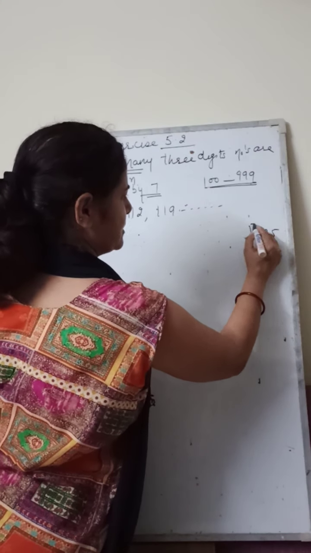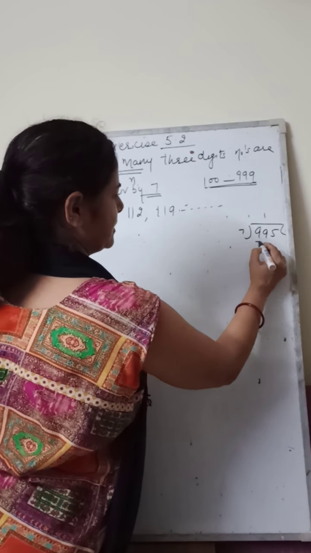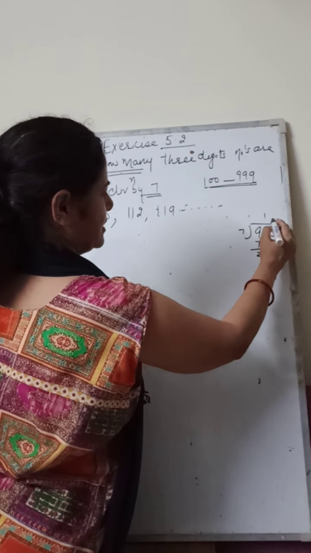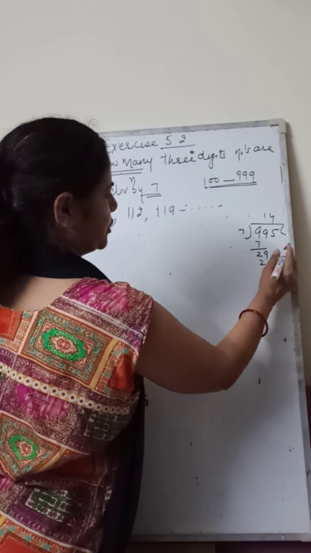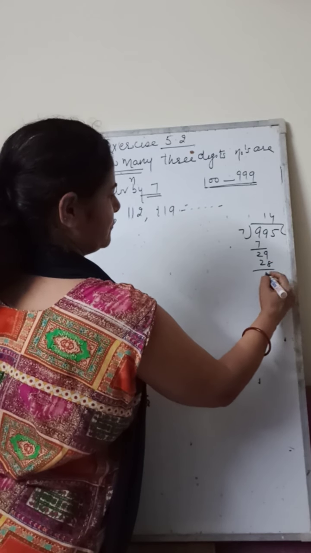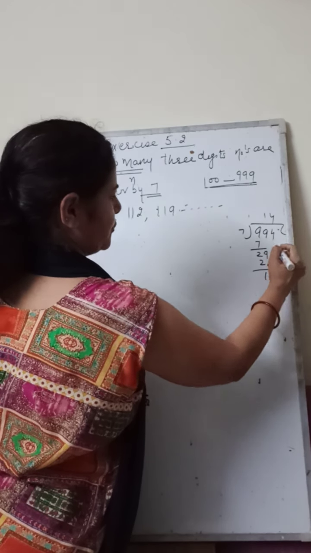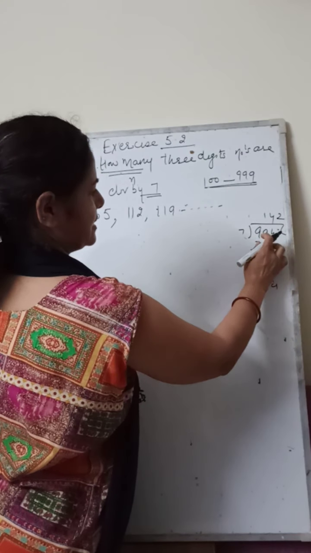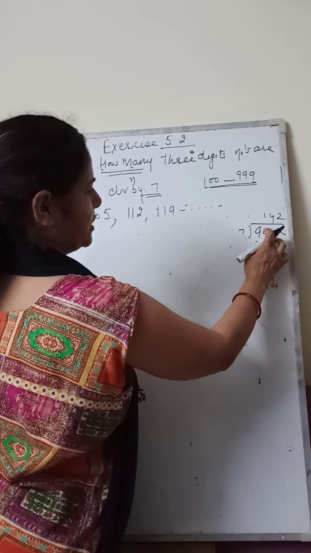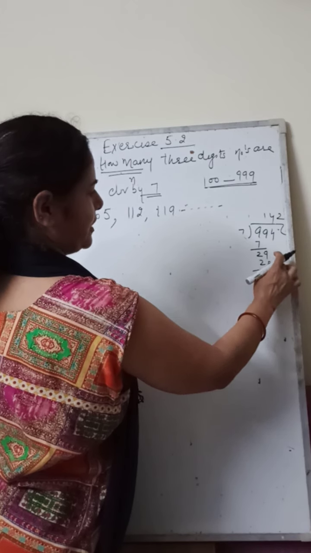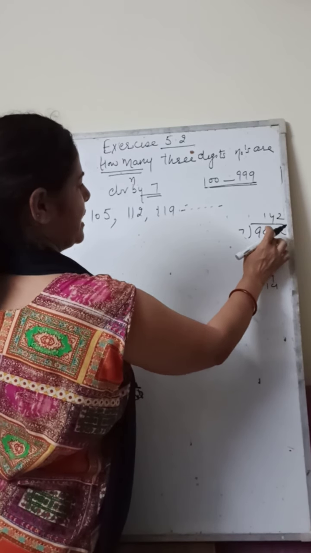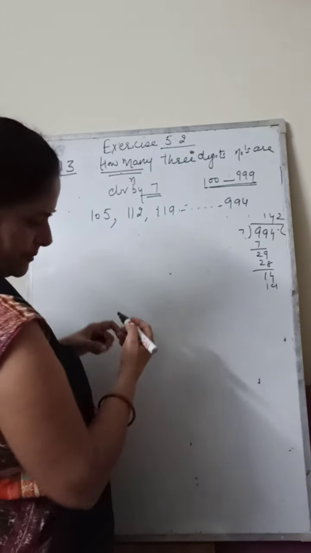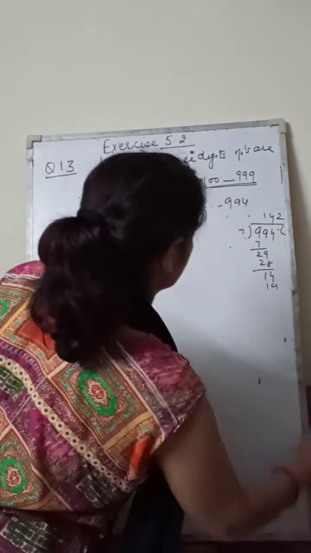I think it is divisible by 7. 7 1 the 7, 2 9, 7 4 the 28. No, this is also not. 1 4, 2 the 14. 7 1 the 7, 2 9, 7 4 the 28, 1 4 7.